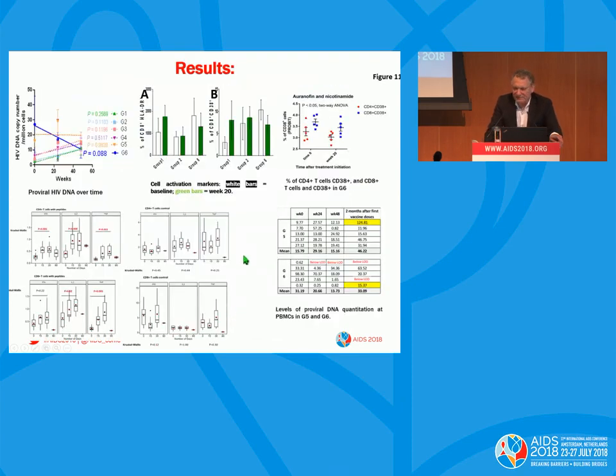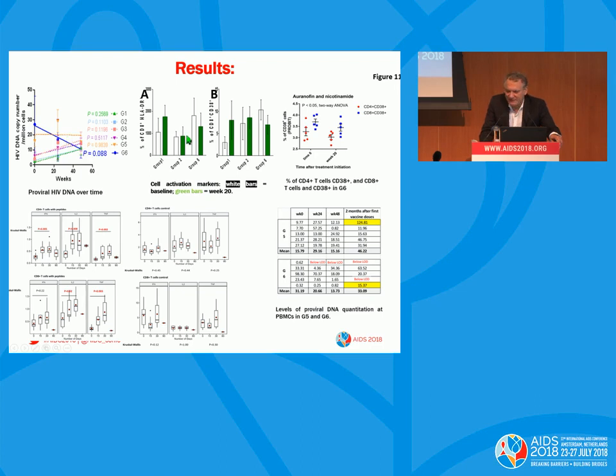Those are the main results. So when you look at the effect of the intensification plus nicotinamide and auranofin, the gold salt, we see that the proviral DNA in PBMCs has a very steep decay, which is not found in all other groups.